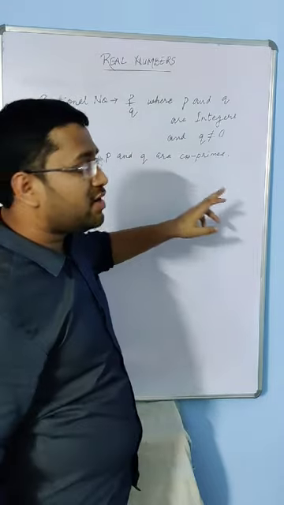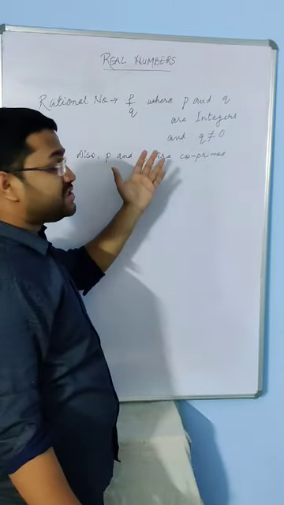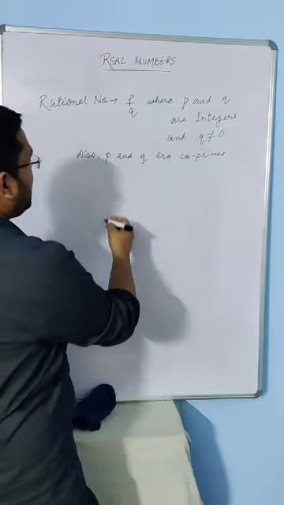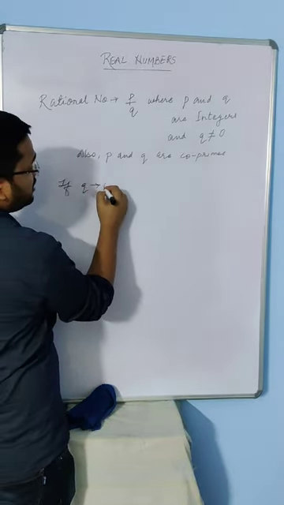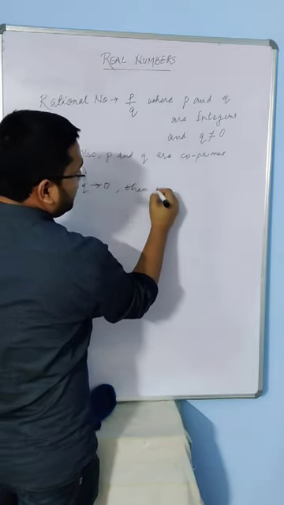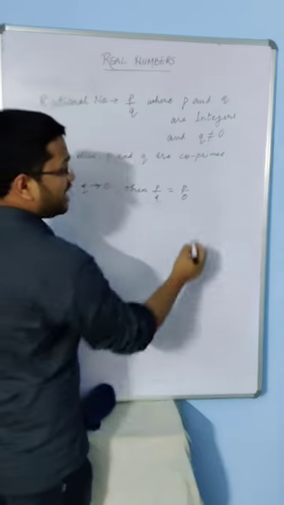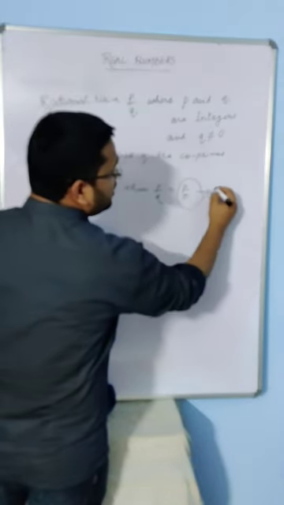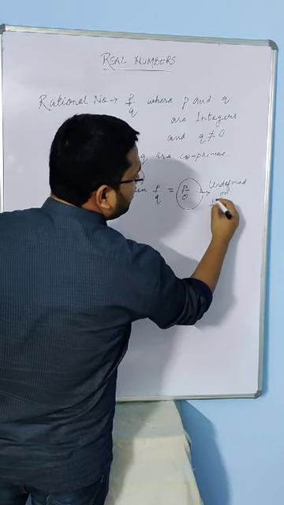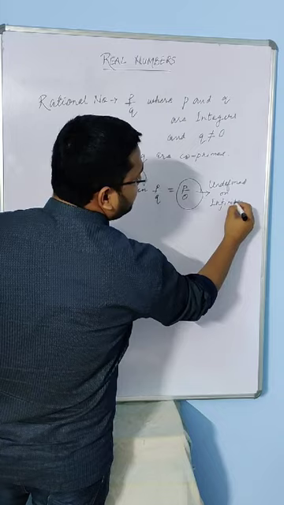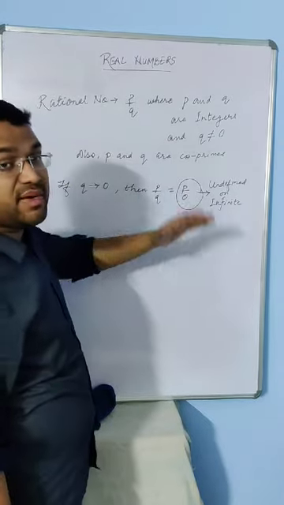Now the point is, why is Q not equal to 0? What will happen if Q becomes 0? If Q becomes 0, then P by Q becomes P by 0, and any number divided by 0 is what you call undefined or infinite. Now, what will happen if P becomes 0?